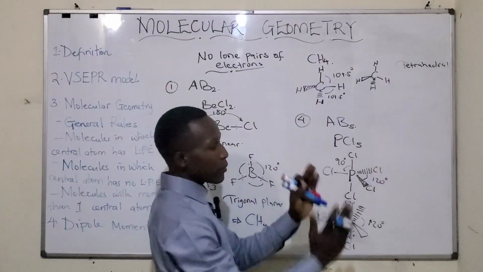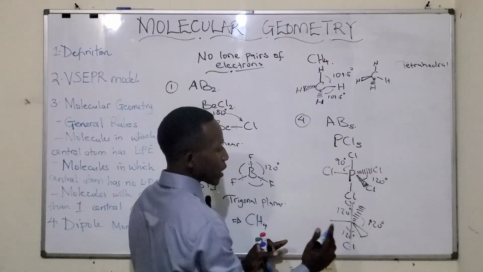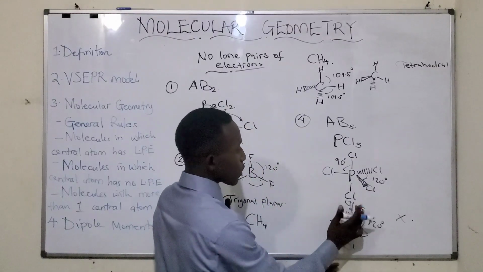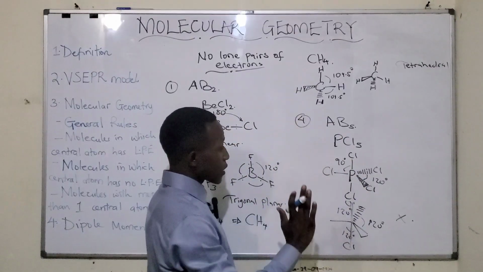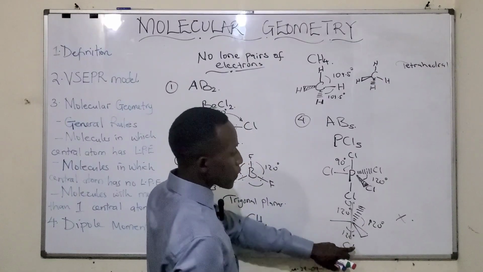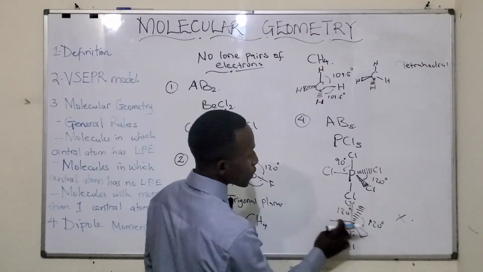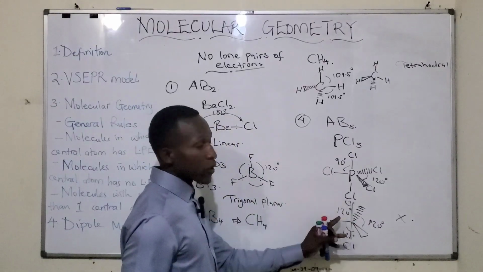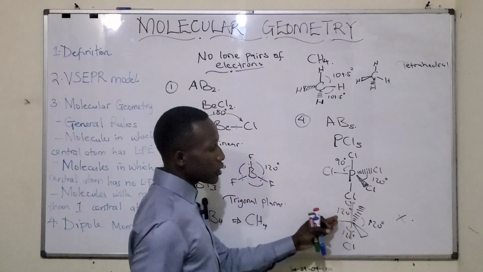Then this one is just coming like on the y-axis. For them, they are on the x-axis. They are flat. Then this one is on the y-axis. So these ones make angles of 90 degrees with all these 3. But these 3 are making an angle of 120 at each angle.